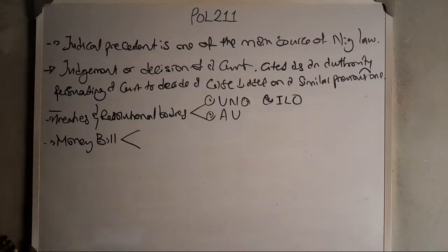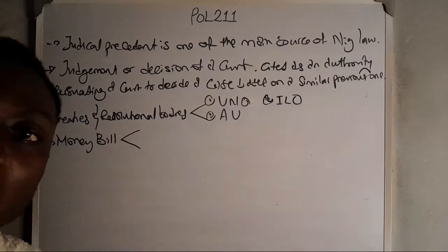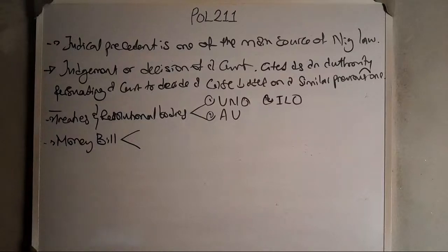Now, a money bill. When we say money bill, what are we talking about? It says here that an appropriation bill is also seen as a money bill or supplementary appropriation bill, which includes any other bill for payment, issue or withdrawal from what we call the Consolidated Revenue Fund.